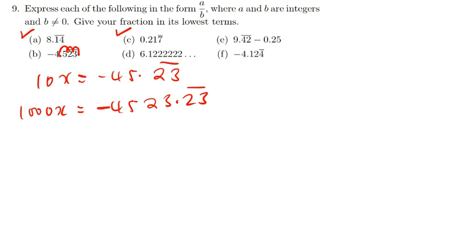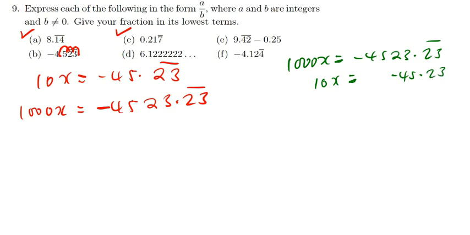Like I said, if you want, you can do direct, or you can switch them. You can put this number on top, then put this number down here, negative 45.23 bar. Then now you can do minus. So if we do minus, 1000x minus 10x is 990x.